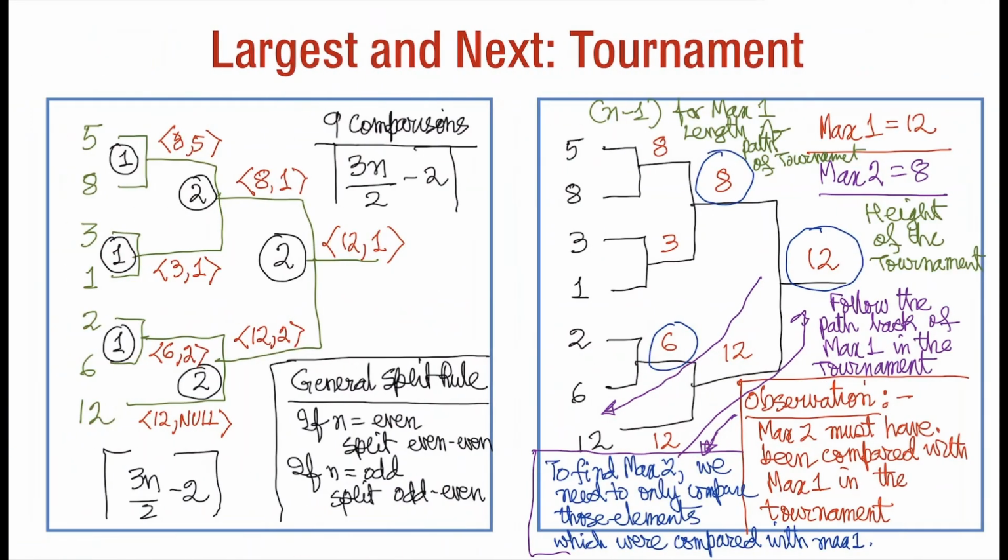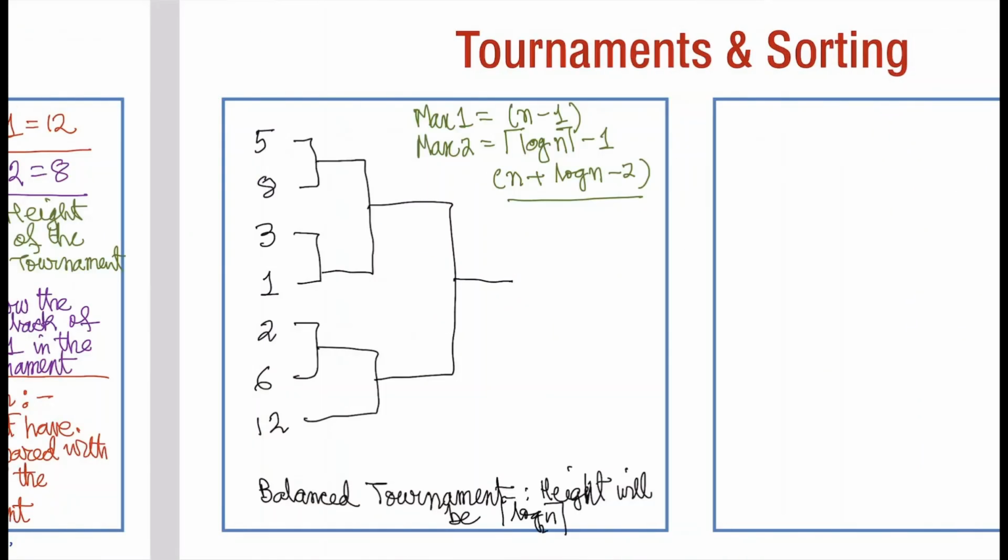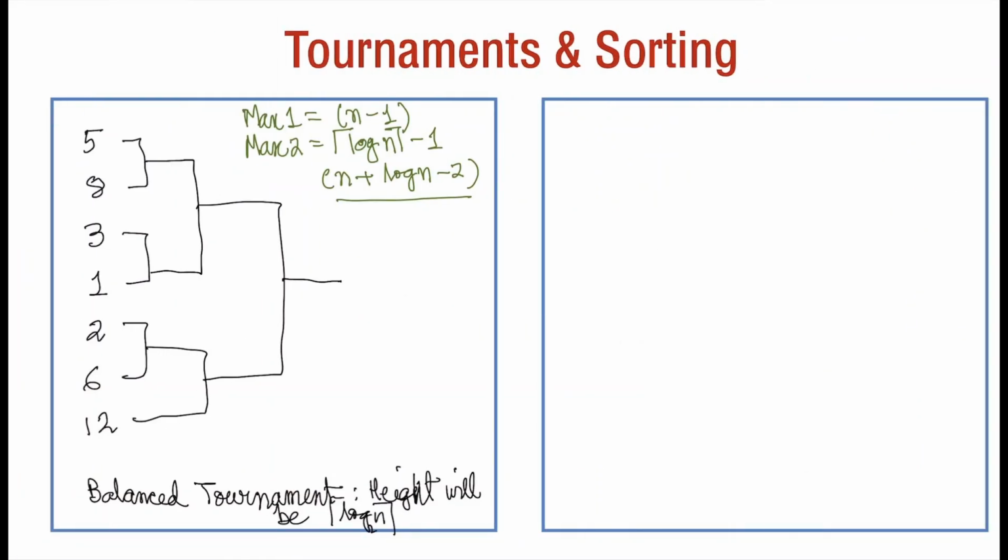As we saw in this case, it remembered what it had done in this tournament, and based on the past comparisons, it came back and used the tournament structure. So we will now store this tournament structure, and we will use this tournament structure to build a much better algorithm.